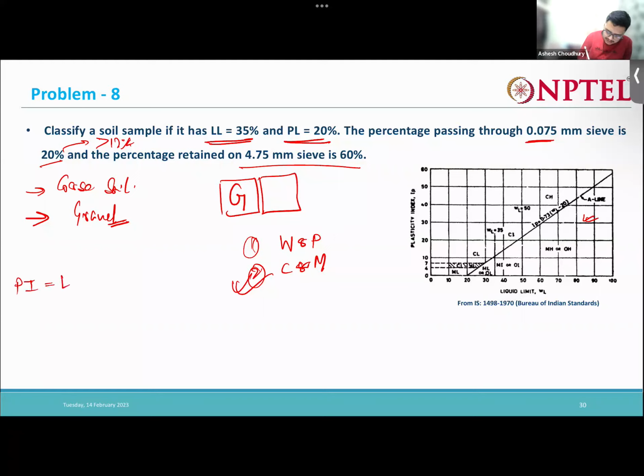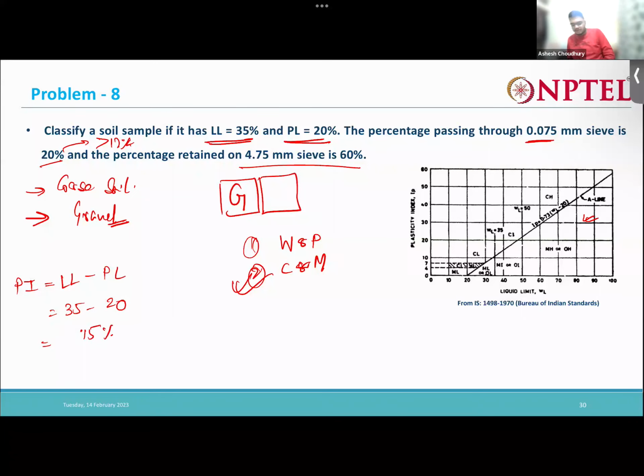What is the plasticity index? Liquid limit minus plastic limit, 35 minus 20, that is 15%.